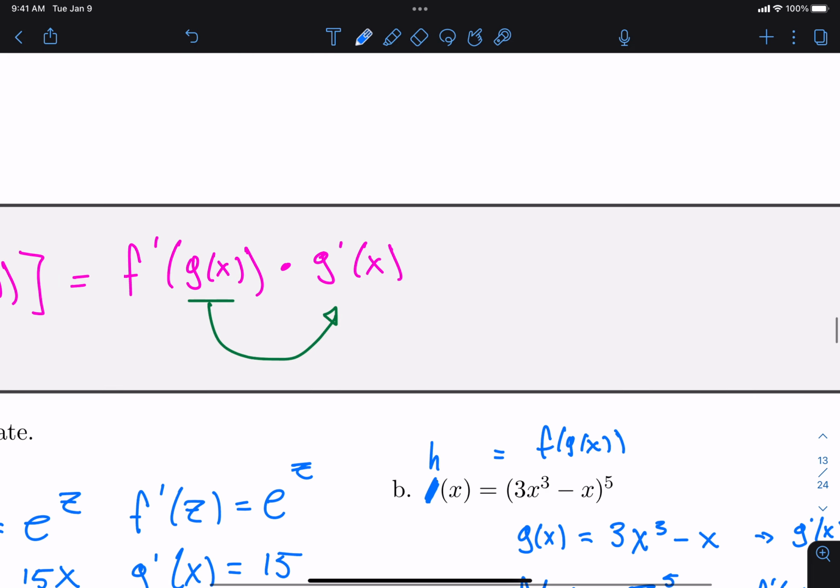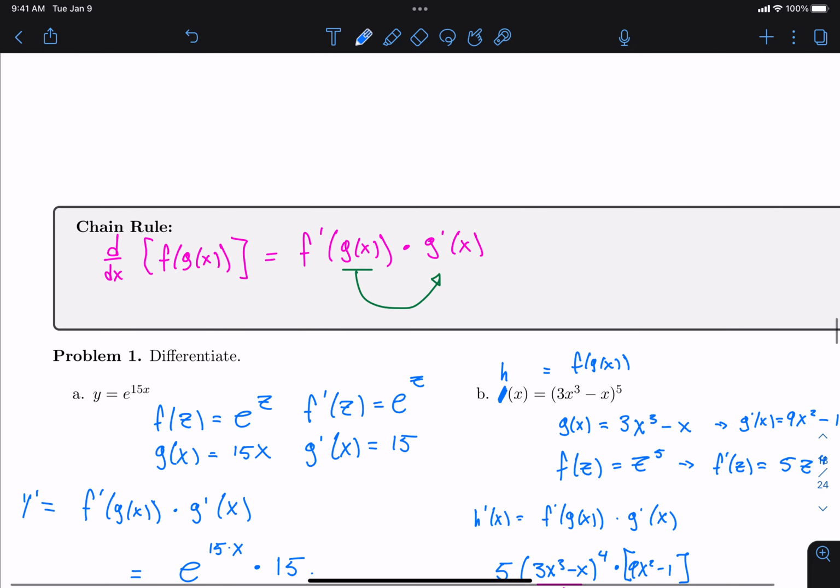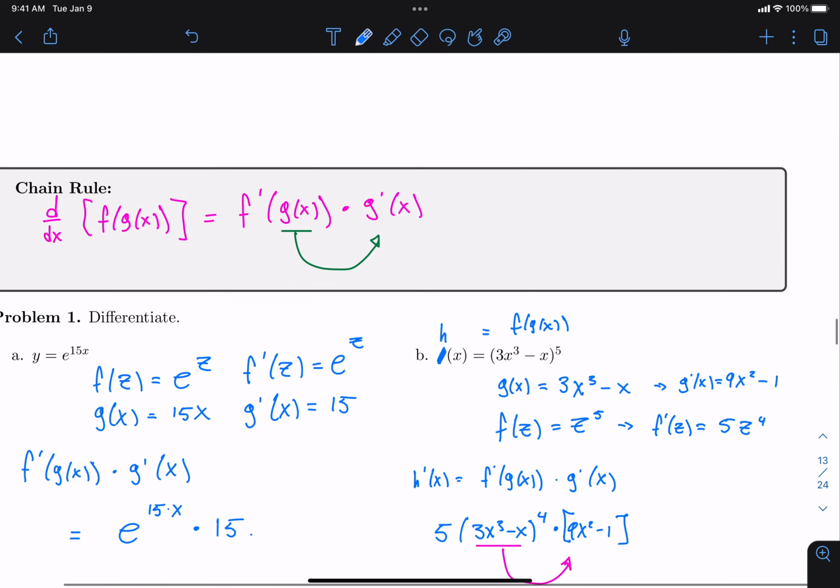So for the chain rule, we want to say when we should use it, and then we'll learn how to do it. We should use it when we see a composition of functions, which we can tell is present when we see one function inside of another function. That can look like a handful of things.